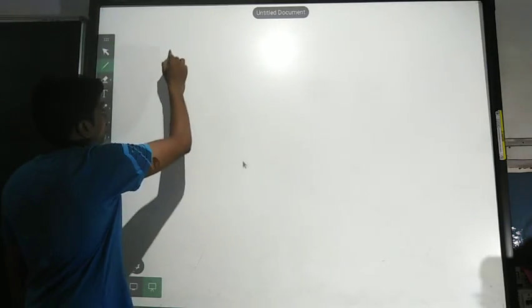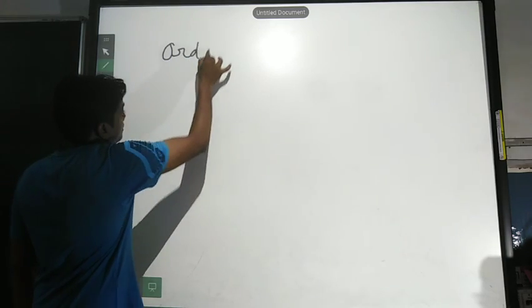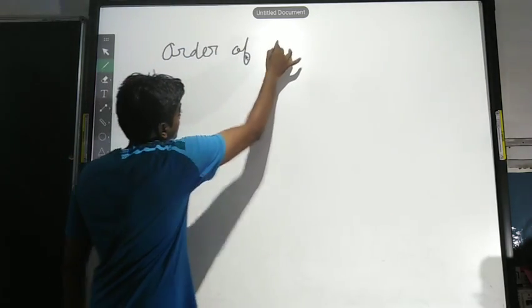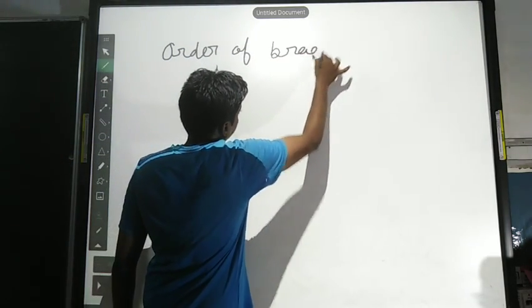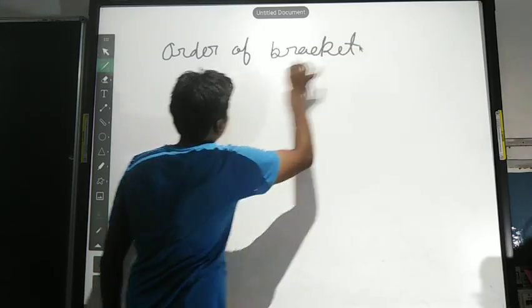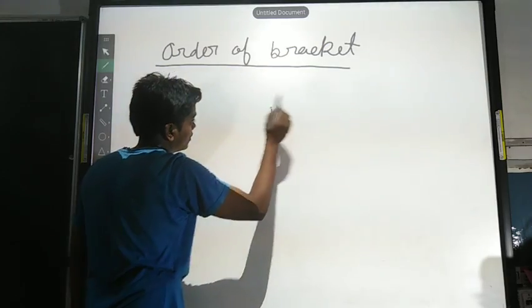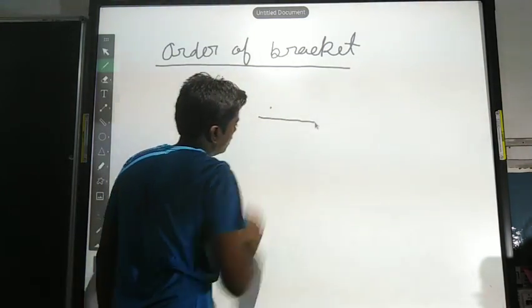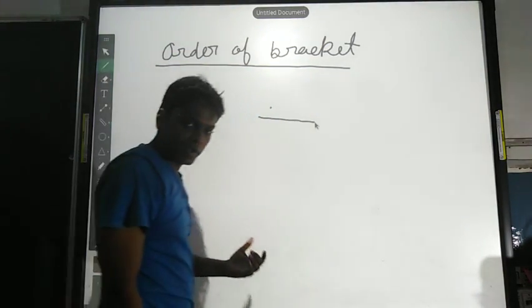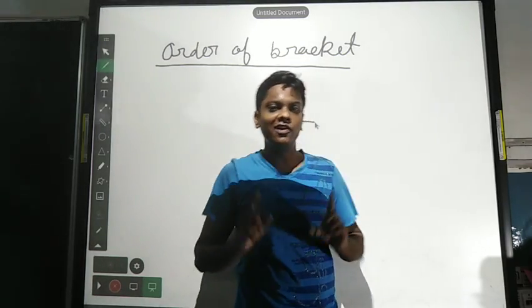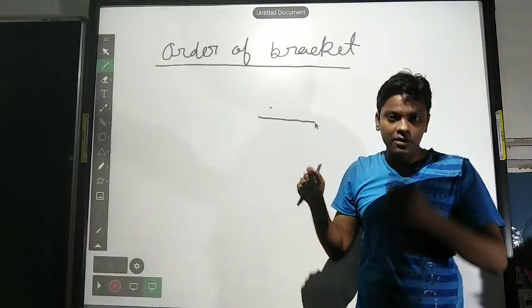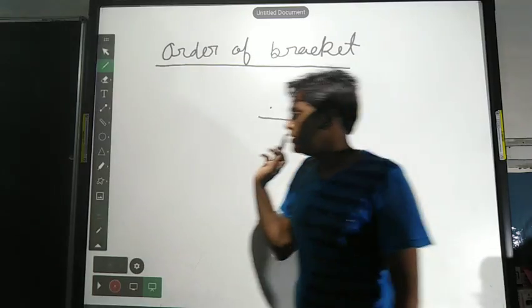Order of bracket. This one is the bar bracket. You will clearly understand when it is given in the question. This one is the bar bracket.